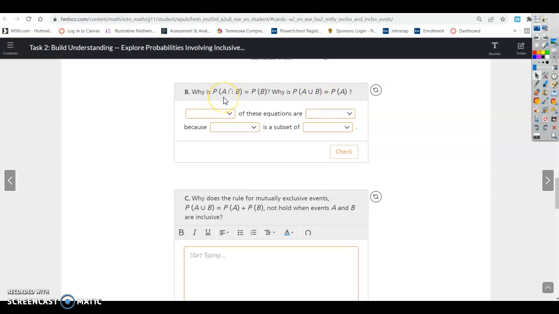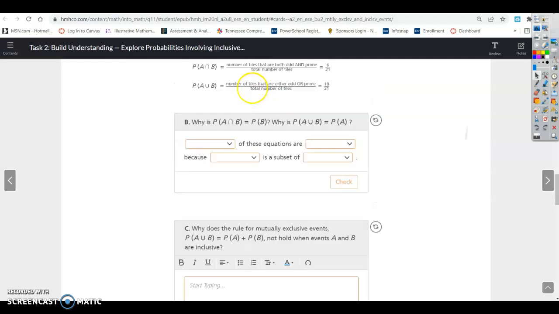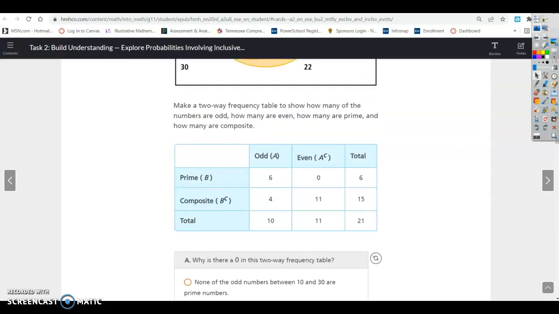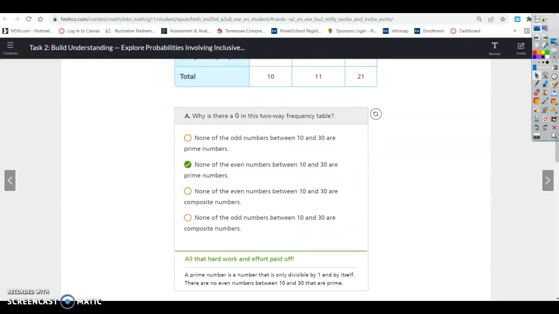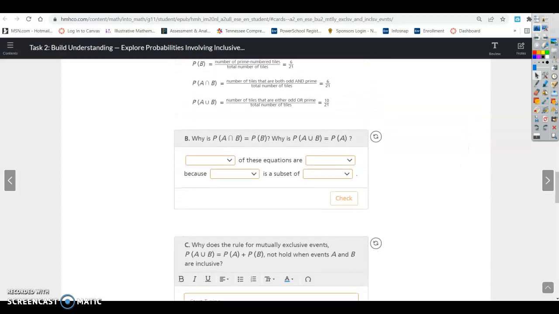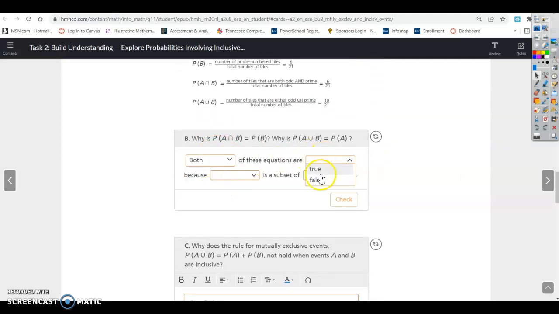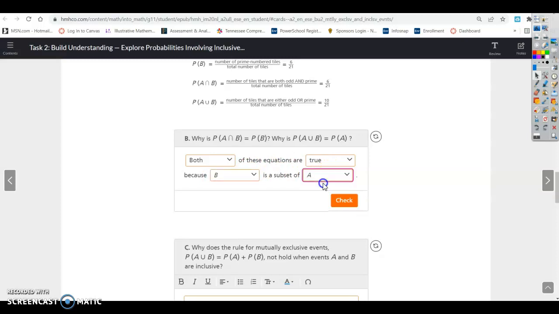All right, so if you look above, remember the intersection is where they overlap, and probability of B in this case is all the numbers that overlap because all of B is included inside of A. All right, so let's see what we have here. So it says both of these equations are true because B is a subset of A.